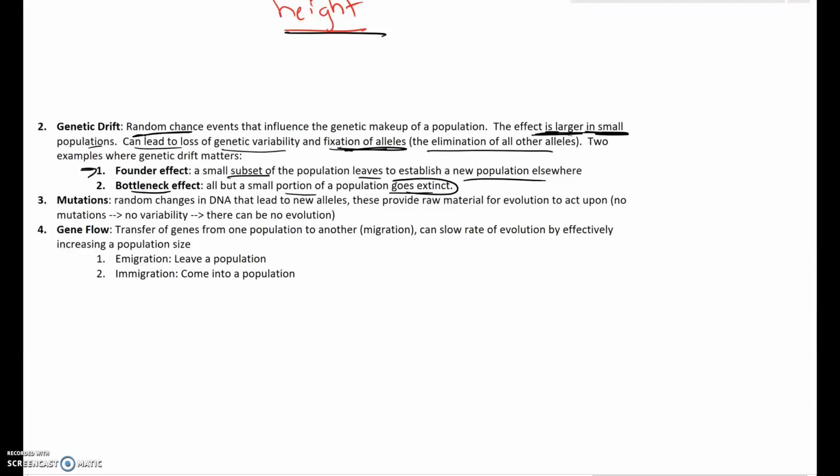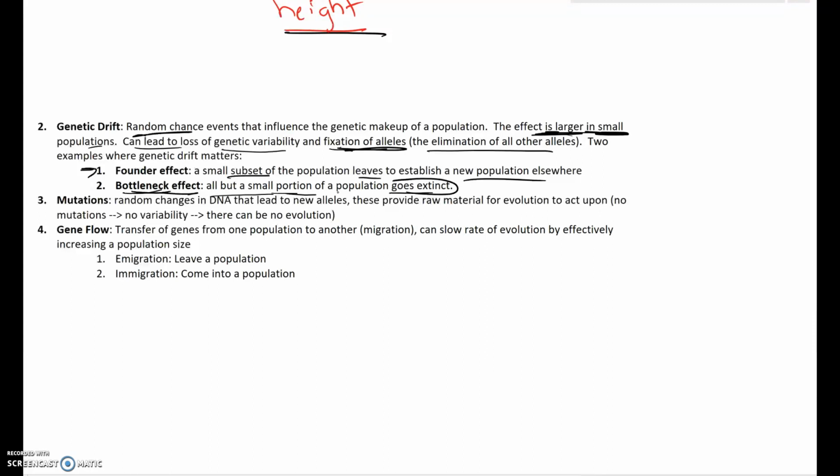So we would expect that a random chance event might have a disproportionately large effect on that population, just because there's so few of them. So some of them randomly dying would change the population a lot more than a few randomly dying in a large population. This is one of the reasons why when species are endangered and there's only a few of them left, this can be so detrimental.